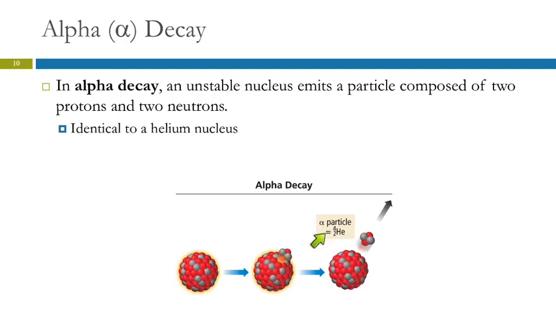Helium, a total of 4 protons and neutrons, mass number of 4. It's got 2 protons and 2 neutrons. This is identical to a helium nucleus. Okay. So we have the original nucleus, and it decays by spitting out a particle composed of 2 neutrons and 2 protons.